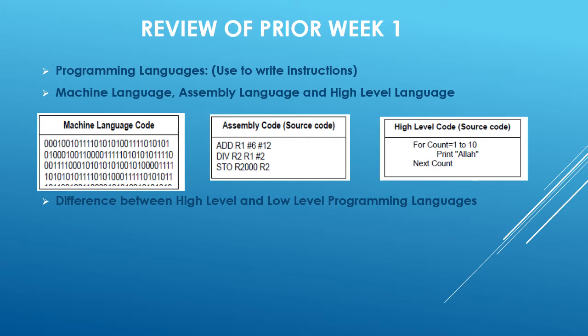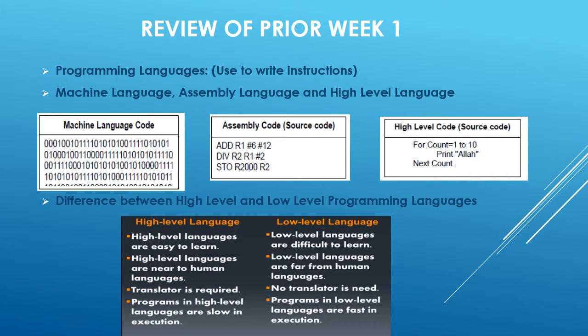There is a concrete difference between high-level and low-level language given in this chart that we discussed in the previous week as well. High-level languages are easy to learn because they are near to the human languages, while low-level languages are difficult to learn because they are far from human languages.